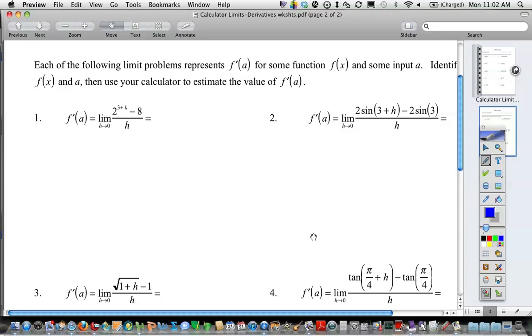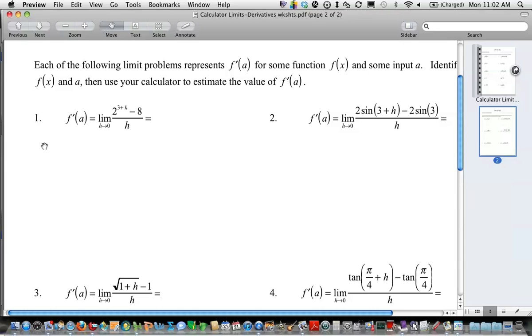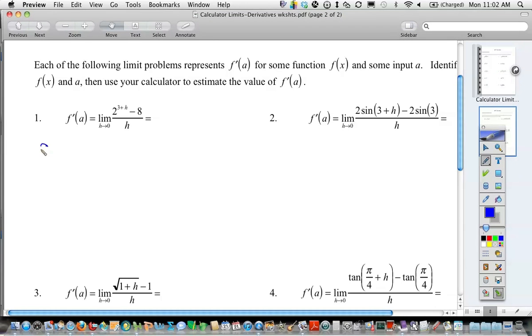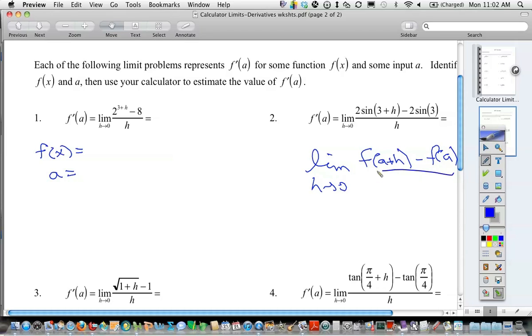Every one of the limits on this side, and you probably remember this hopefully from homework a few days ago, represents a function f and some point a, because all the limits on this page look like the limit as h approaches 0 of f of a plus h minus f of a all over h. They all look like this.